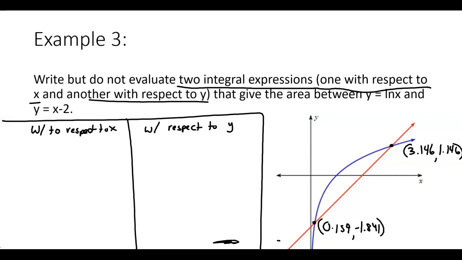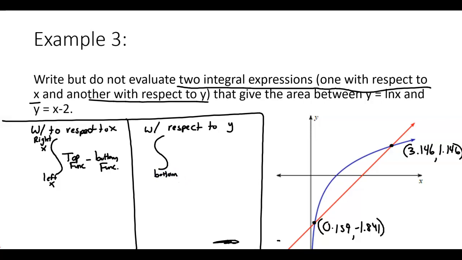So now I'm going to show you guys a really neat little template that'll be helpful for you in your notes. When you're trying to do something with respect to x, here's how it's going to look. The left x value goes here, and up here, the right x value goes there, and you're going to do top function minus bottom function. When you're doing it with respect to y, you're going to do the bottom y value.